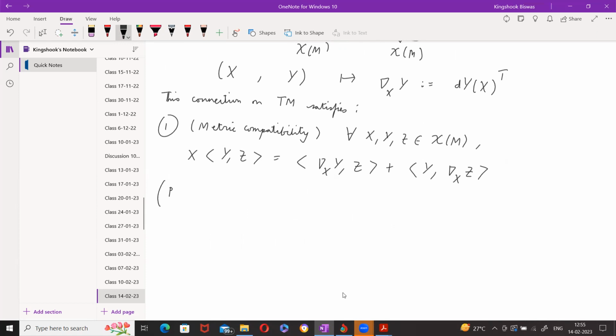The proof is very simple. Say gamma is an integral curve of X. Then X applied to inner product YZ is d/dt at t equal to 0 of the inner product of Y gamma t and Z gamma t.